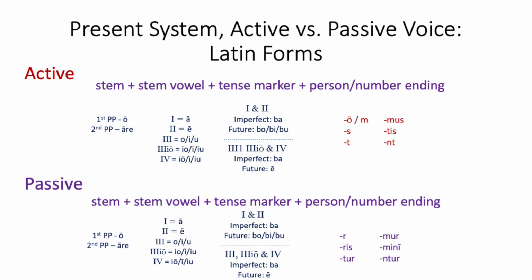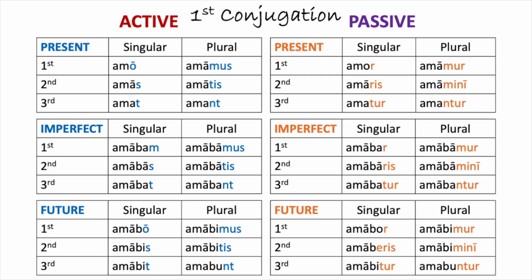Instead of -o, -s, -t, -mus, -tis, -nt, it's -or, -ris, -tur, -mur, -mini, -ntur. Here that is shown a little bit differently with all 36 forms of the active and the passive in the present system. And you'll see that pretty much the only difference is those endings, -or, -ris, -tur, -mur, -mini, -ntur, in the passive.